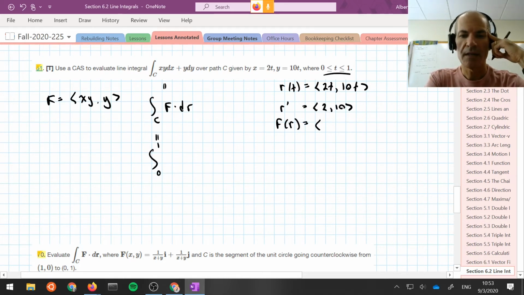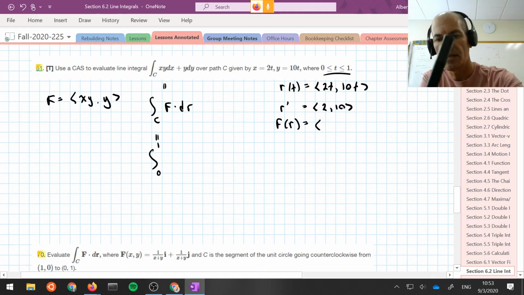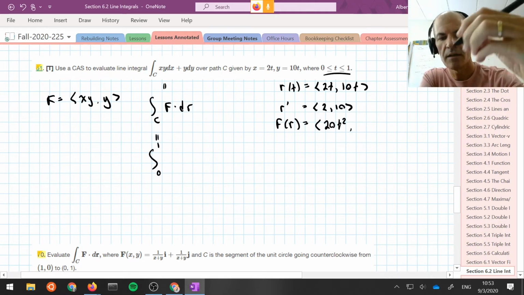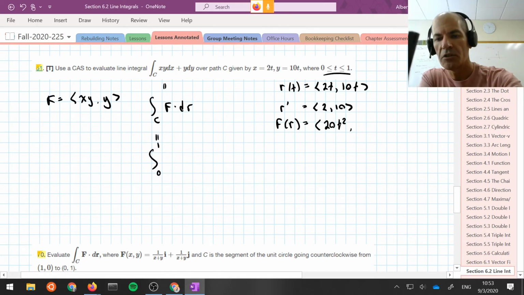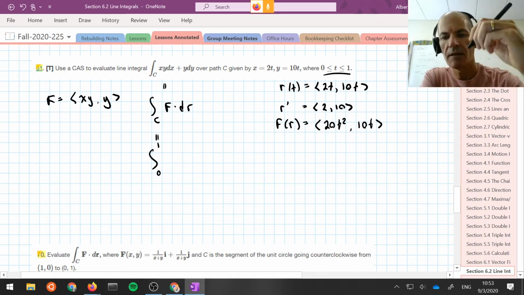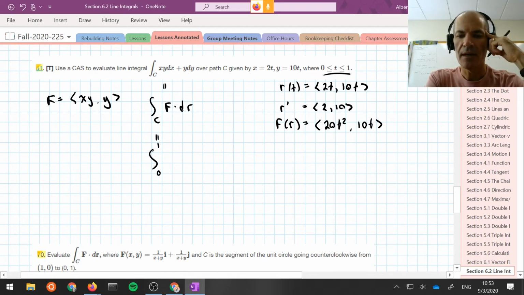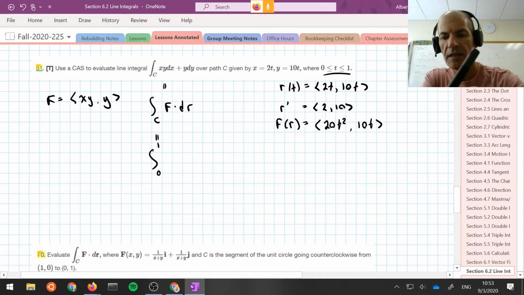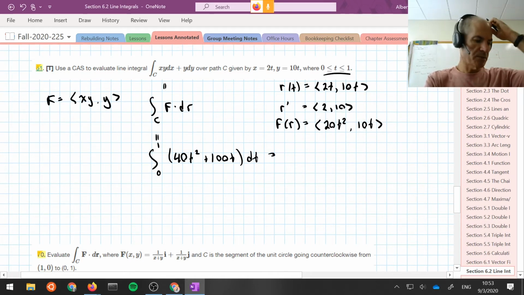So that's x times y, so that's 2t times 10t, 20t squared, comma y, which is just 10t. And we need to dot that with r prime, so we're going to take 20t squared times 2, 40t squared, and 10t times 10, 100t dt. And now we just compute that integral, and I'll check my notes here.